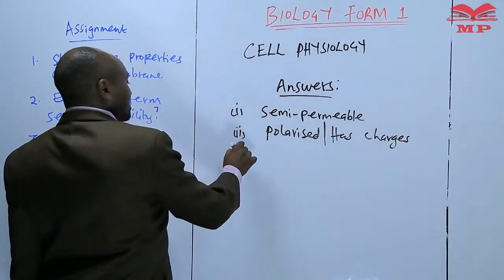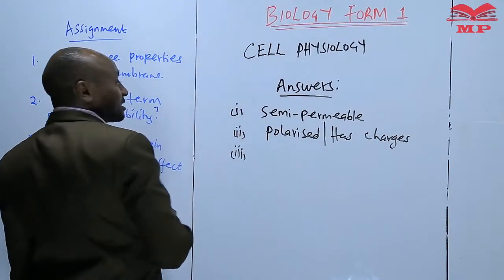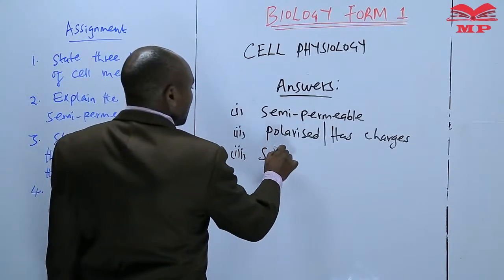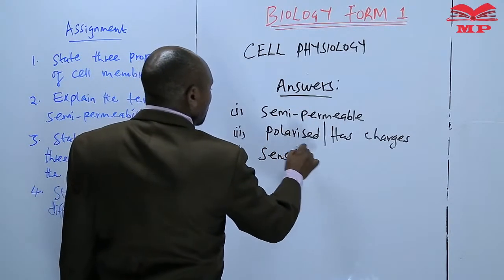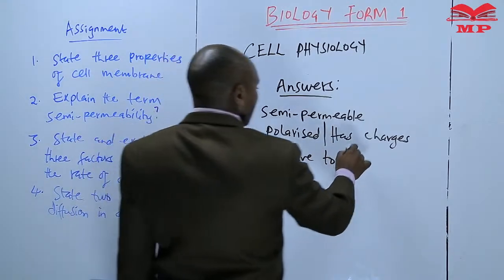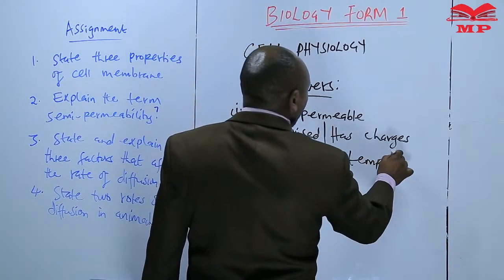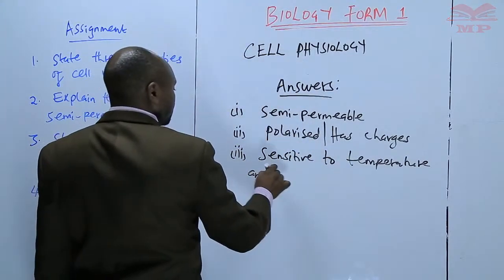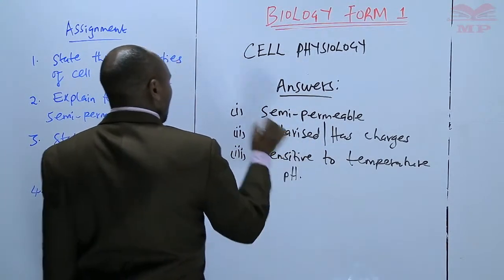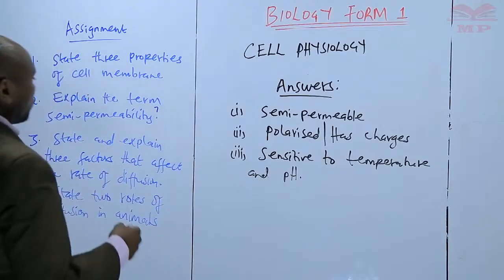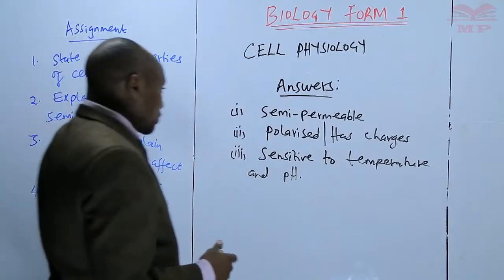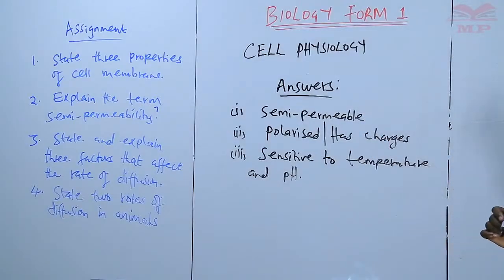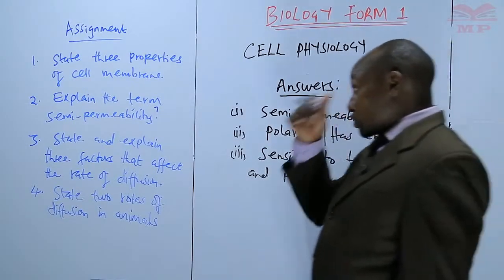And point number 3, the cell membrane is sensitive to temperature and pH. So that is how you're supposed to have answered the first question. Mark yourself right if you have those 3 points. So let's go to question number 2.